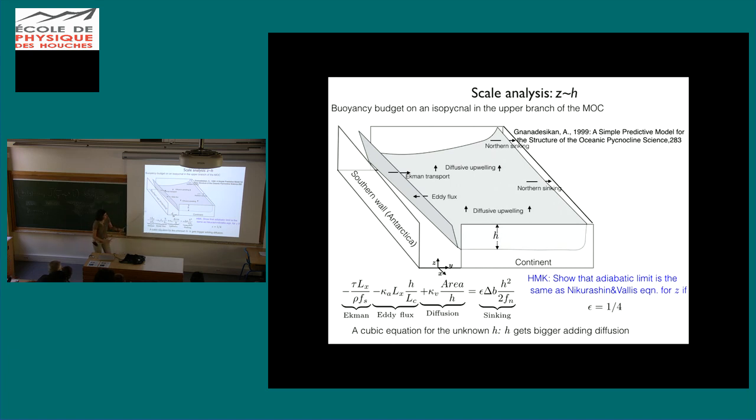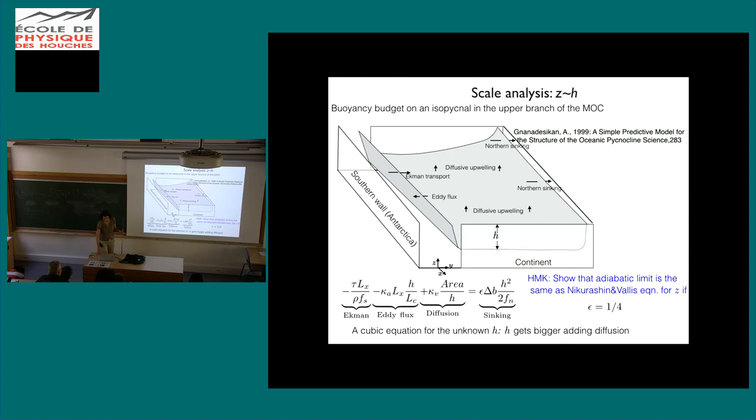And so, the depth of this isopycnal, and hence the sinking, because once you know h, you know the sinking. So in this equation, the unknown is h, and you assume all the other parameters to be known. Okay.